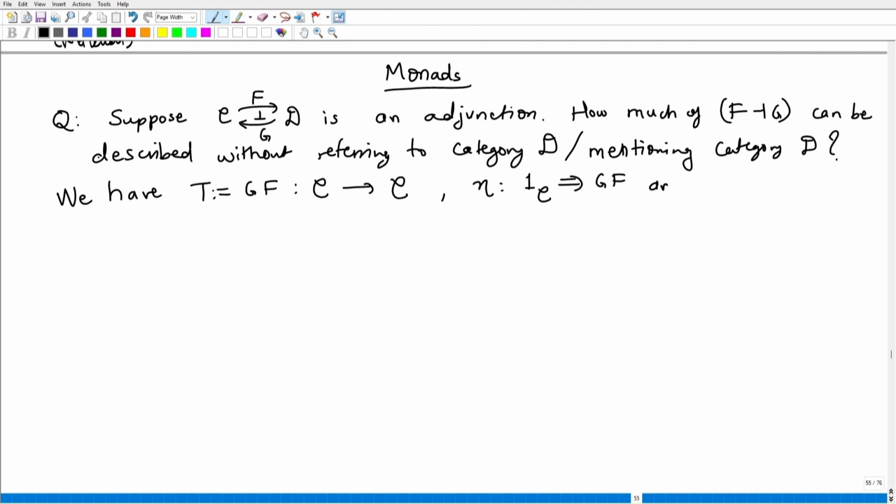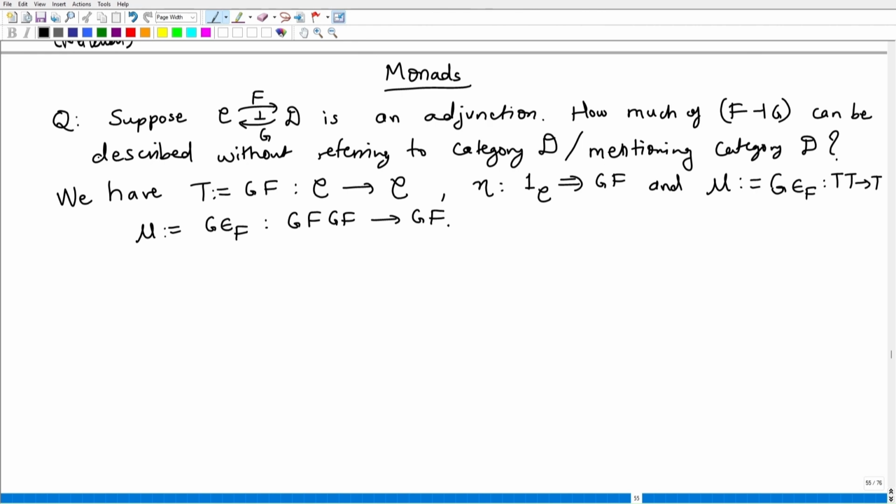And finally, we have mu. Okay, mu equal to G epsilon sub F from TT to T. Okay, so epsilon sub F, maybe I should write more about it. So mu is equal to G epsilon sub F from GFGF to GF.